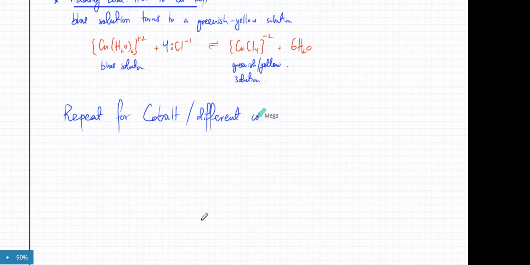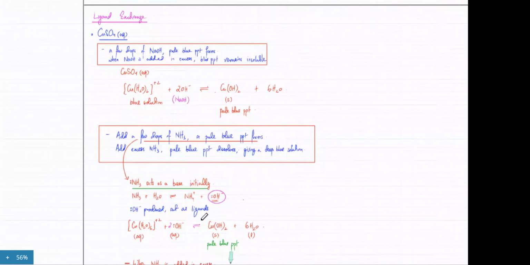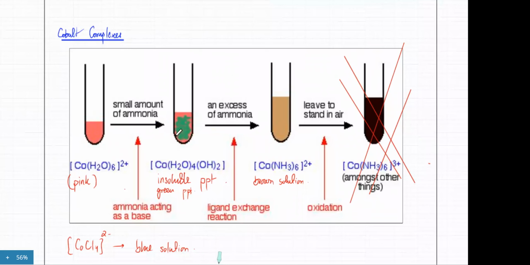So you need to learn how to write this in equation form as well. These are officially in your syllabus, cobalt and copper and the ligand exchange reactions.